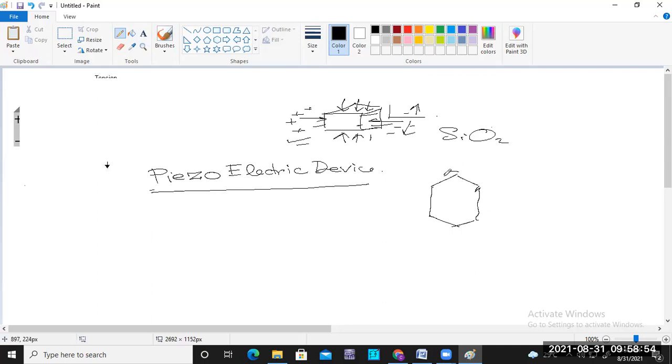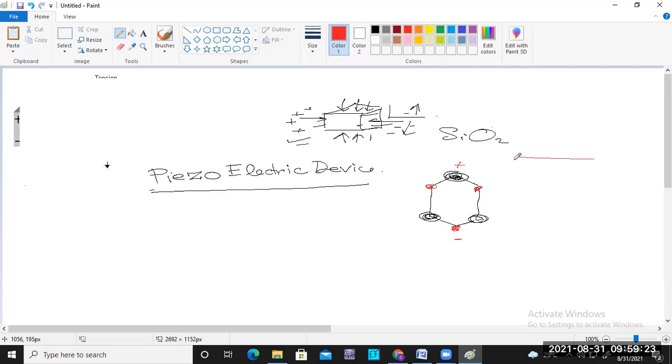So, here is silicon, here is silicon, and this is the oxygen. Look, it behaves like this. Oxygen provides the negative charge, and silicon provides the positive charge.